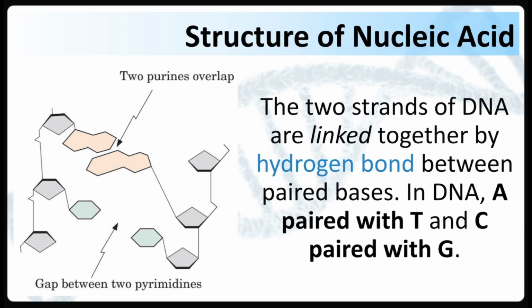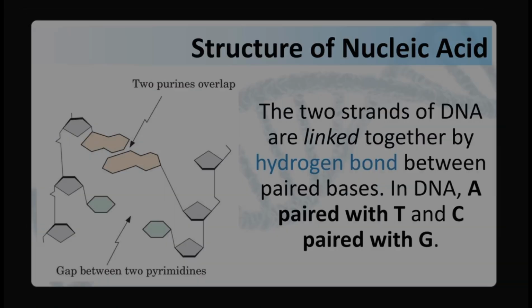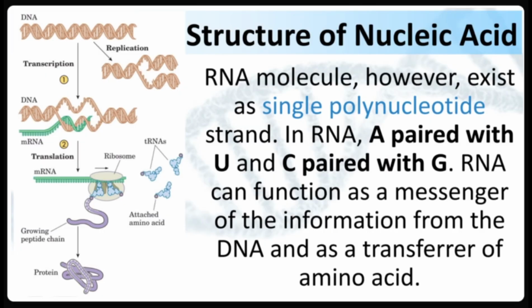Adenine will always pair with thymine through two hydrogen bonds, while cytosine, or C, pairs with guanine through three hydrogen bonds. Now, these specific base pairings hold the strands together in a complementary way, forming the stable double helical structure of the DNA. Now, unlike DNA, RNA is usually single-stranded, so it does not form a permanent double helix.